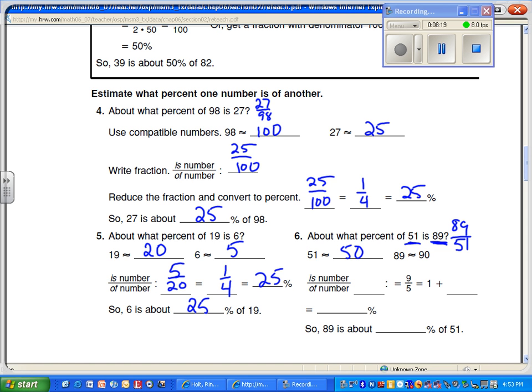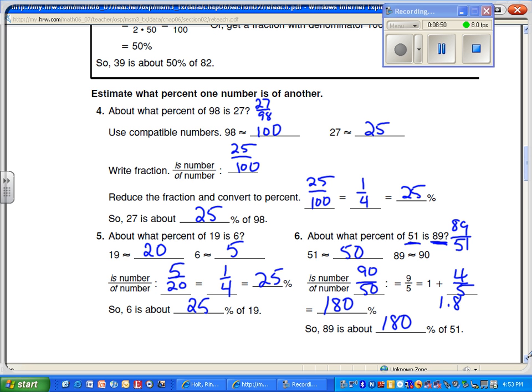So that would give us 90 over 50, which reduces to 9/5, which is 1 4/5. So that's 1.8, right? And that changes to 180%, which is our answer. Make sure that makes sense to you. 89 is about 180% of 51. 100% of 51 would be 51. So if we're going up to 89, we know we're going to be bigger than 100%.